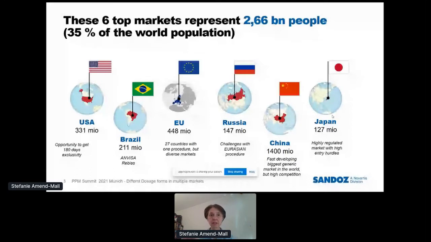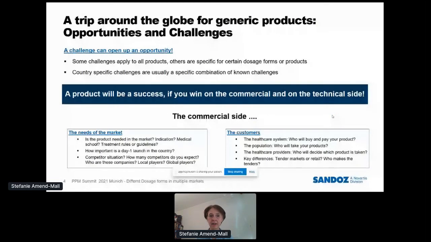But of course, the markets are very different. So the key is, if you set up such a strategy and then also go into execution, there are always the 2 parts you need to be successful. It's the commercial side and the technical side. And the commercial side is, of course, and Samir, that's what you also said in maybe some little different words, but the same message.